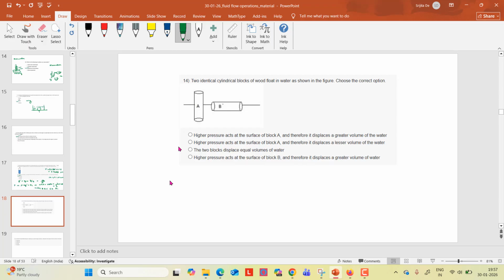Next, two identical cylindrical blocks of wood float in water as shown in the figure. Choose the correct option. Higher pressure acts on the surface of block A and therefore it displaces a greater volume of the water.